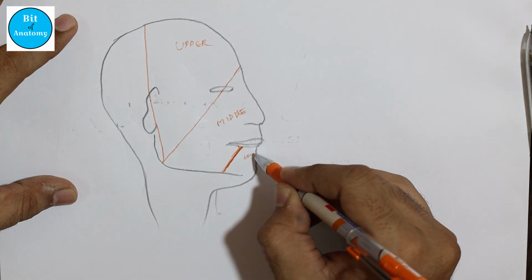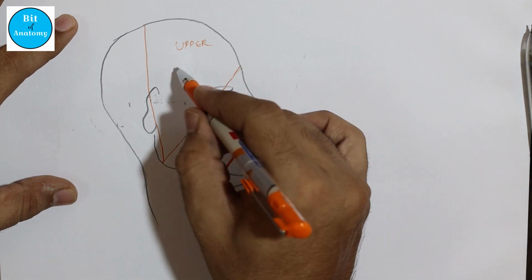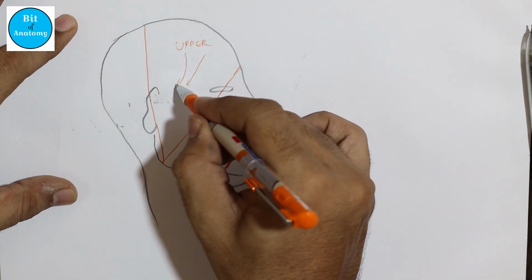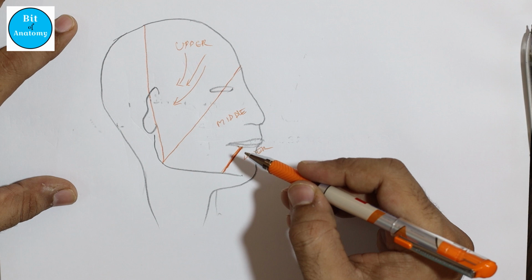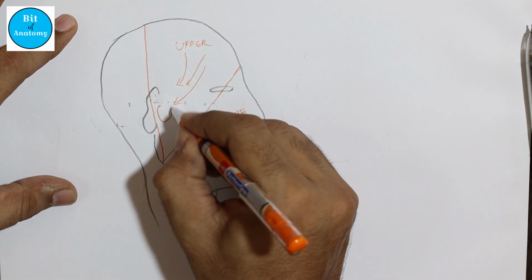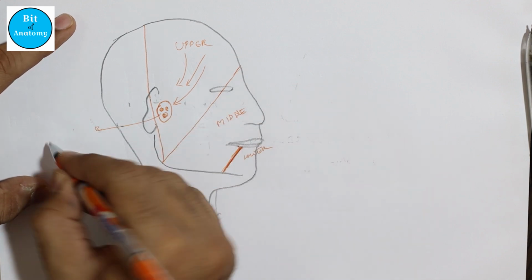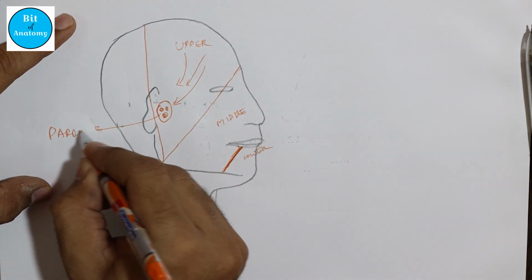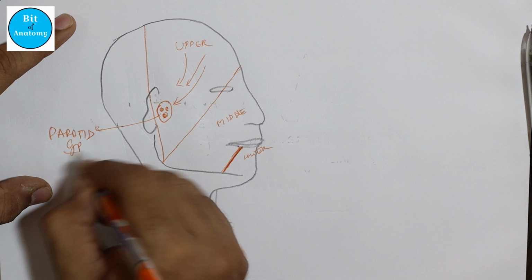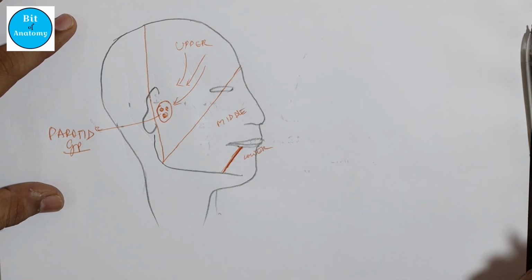The lymphatics of the upper area will drain into a group of lymph nodes present in relation to the parotid gland, or in front of the ear. This is called the parotid group of lymph nodes, or preauricular group of lymph nodes.